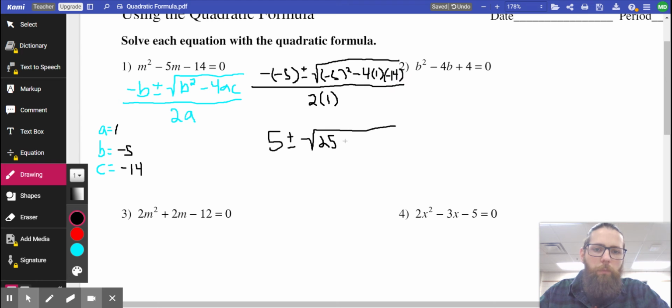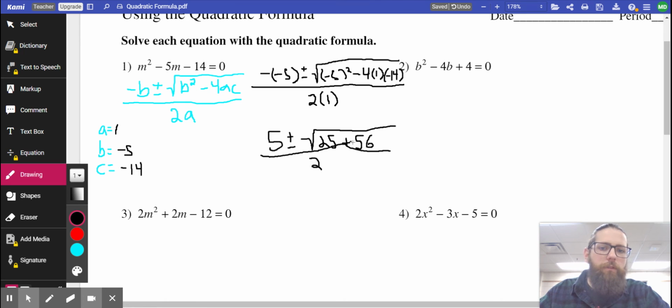I know that answer will be positive because there are two negatives, so I'll do a plus sign. And 4 times 1 times 14, I believe, is 56. And on the bottom of this, careful: 2 times 1 is 2.